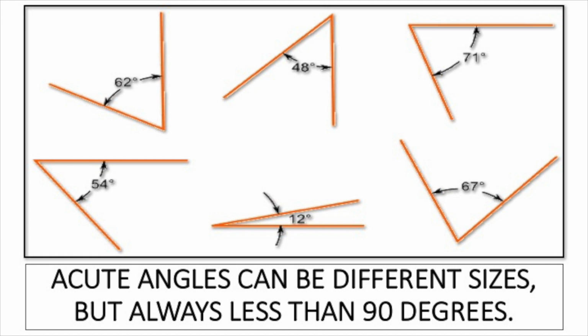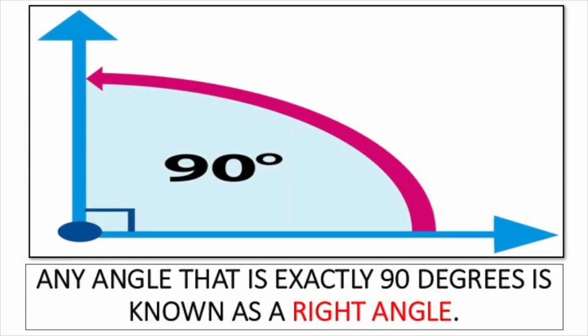Yes. Are they both acute angles? Yes, they're both acute because they're less than 90. But when we're comparing them, we can see the smallest acute angle, 12 degrees, and the largest acute angle, 71 degrees. Well done, guys.